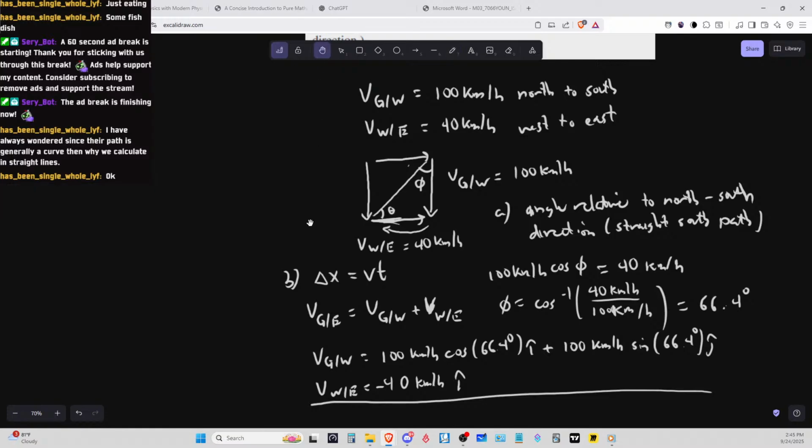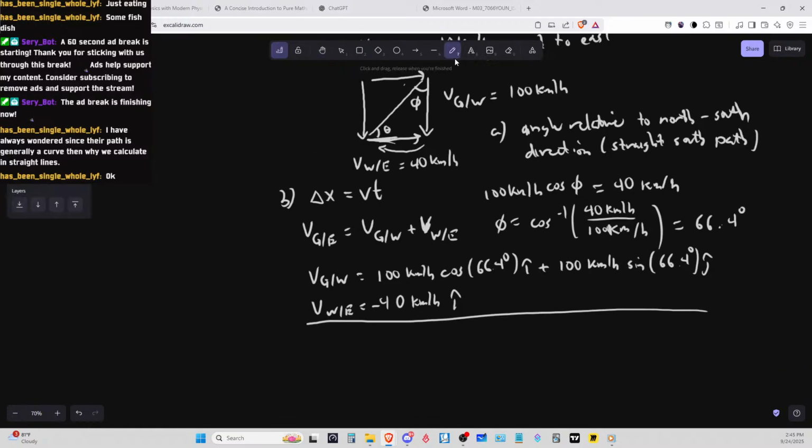And then we're left with the magnitude of geese to the earth. Then we have 100 times sine of 66.4 degrees. That gives us 90.6 kilometers per hour.